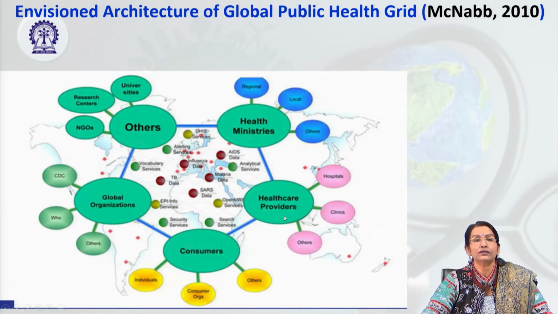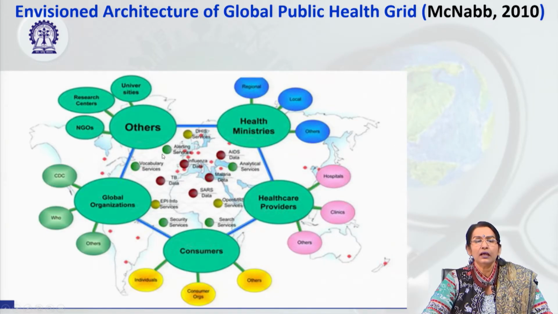Then health providers, the private hospitals, clinics, consultancy services and healthcare providers, and at the end the consumers, like individual consumers, consumer organizations, corporates, and other group or team stakeholders. So, the network has been built between these five domains.